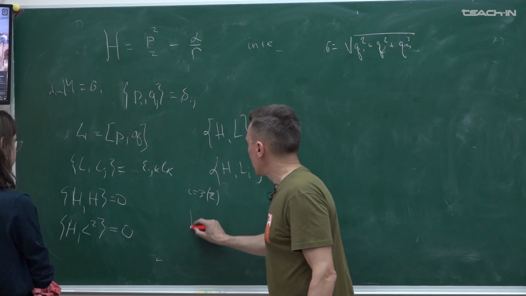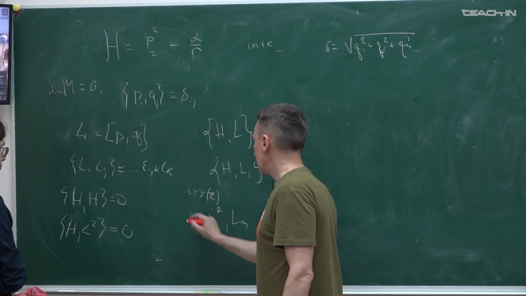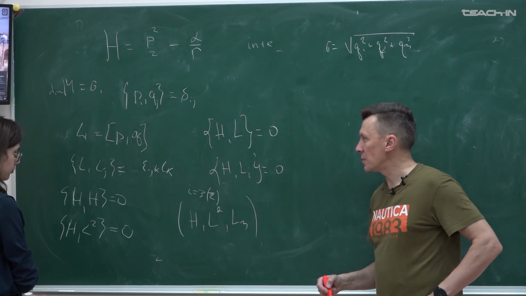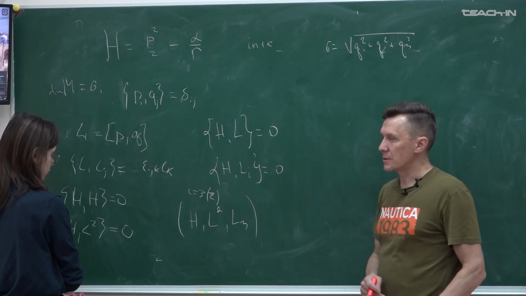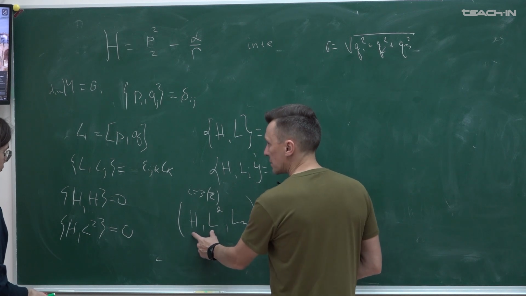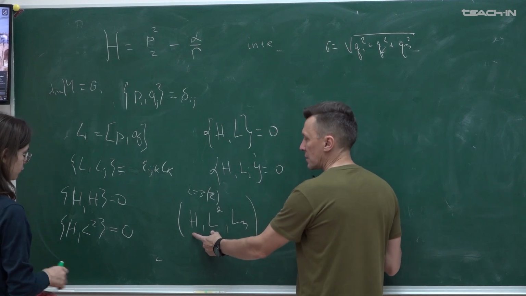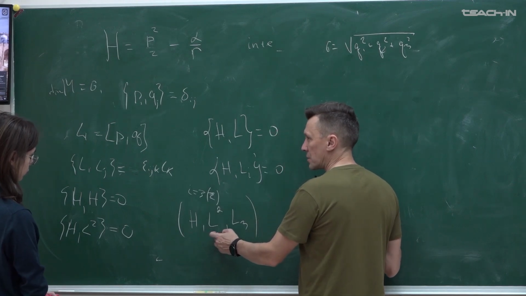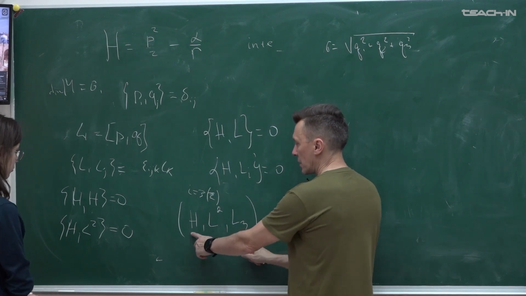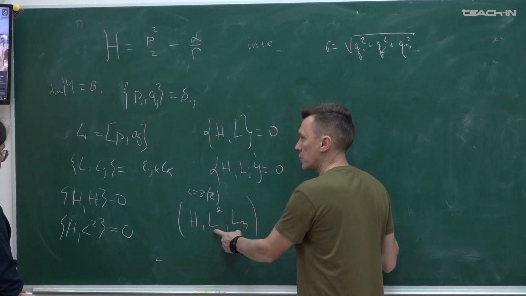So you would like to say that L squared and L3 is an involutive family? Yes. Why? Well, it is clear that H with L squared is 0. Yes, and this one also. Why is this Poisson bracket 0?